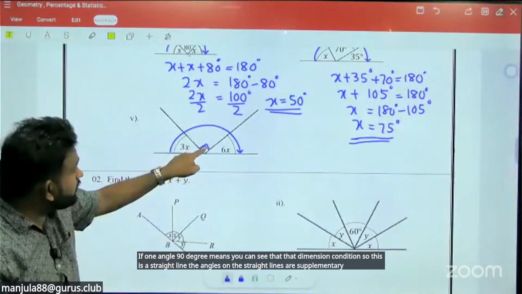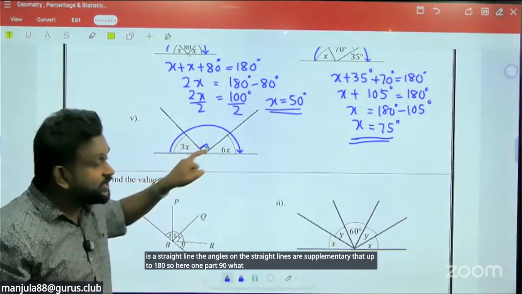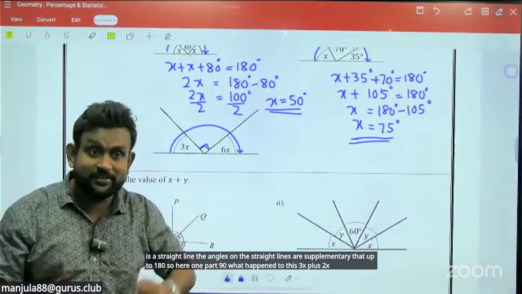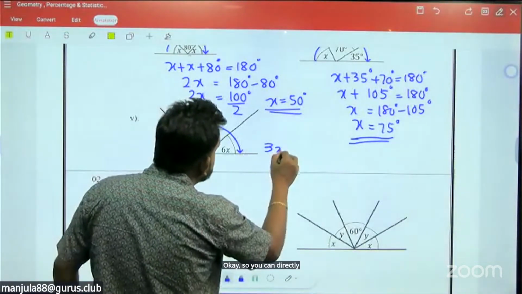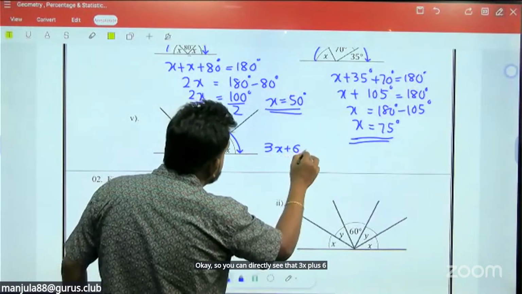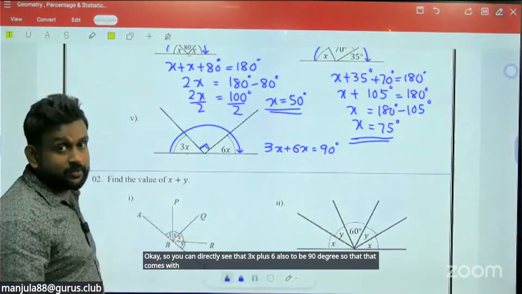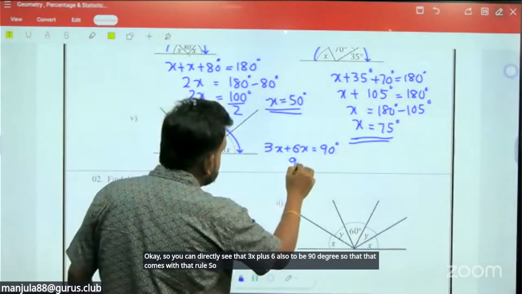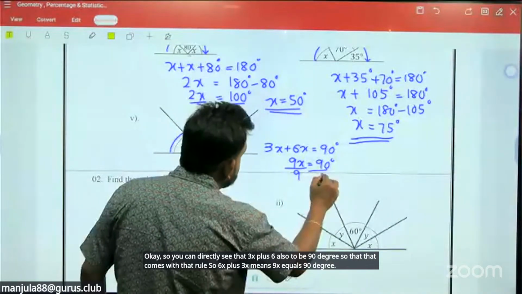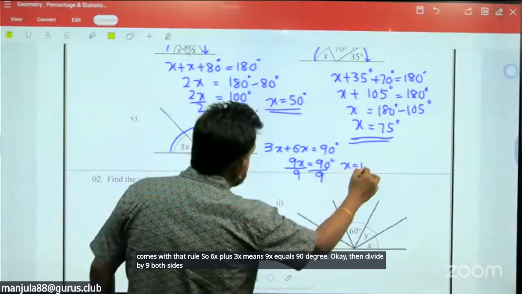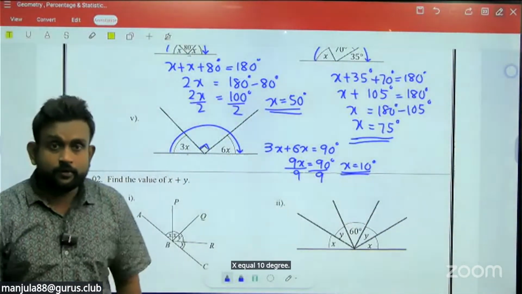Here one part is 90, so what happened to the other part? That also has to be 90. You can directly see that 3x plus 6x also has to be 90 degrees. So 6x plus 3x means 9x equals 90 degrees. Then divide by 9 on both sides, and x equals 10 degrees.